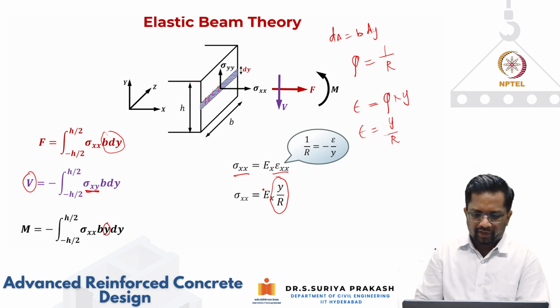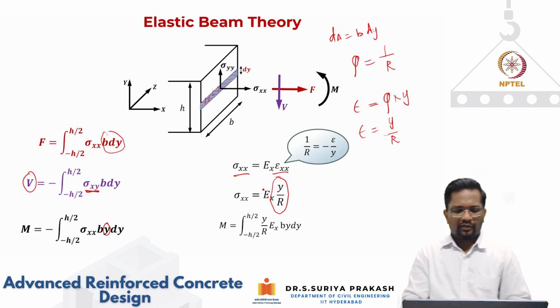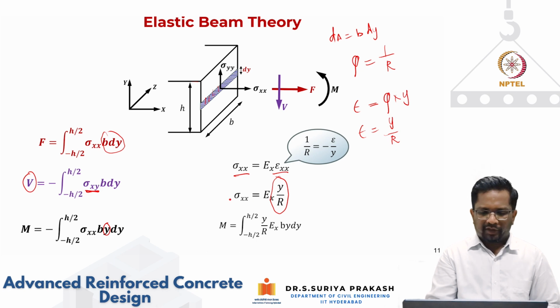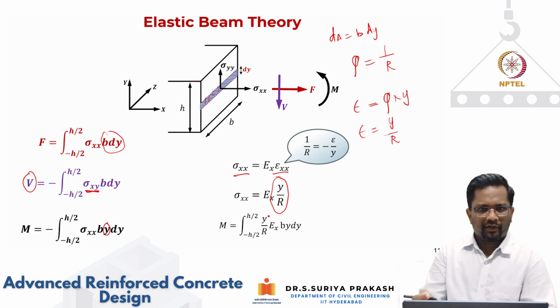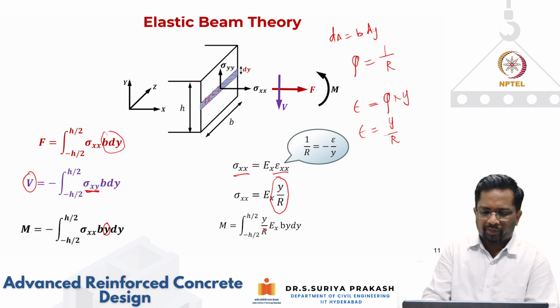Now when you integrate, if you substitute back into this, then what happens? Sigma xx becomes E multiplied by y by r, multiplied again by b dy. E is anyway a material constant, and for a particular rotation, 1 by r can be taken out.